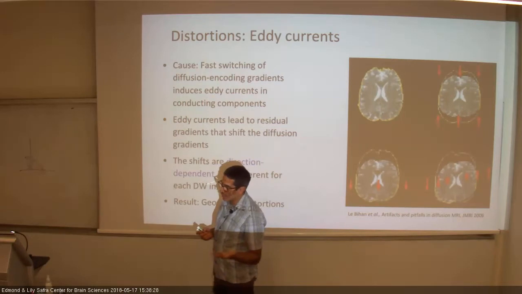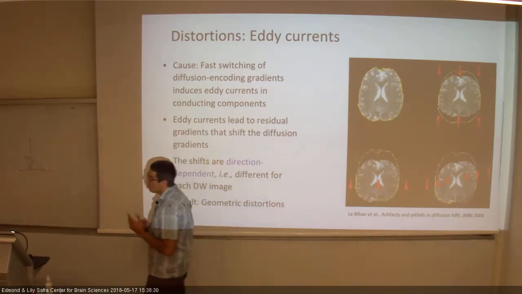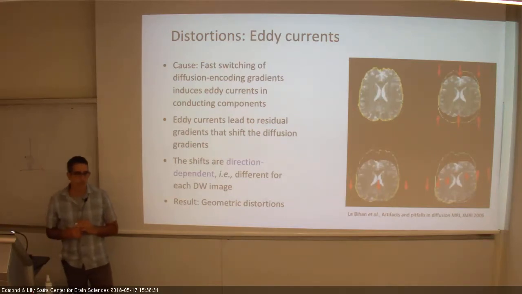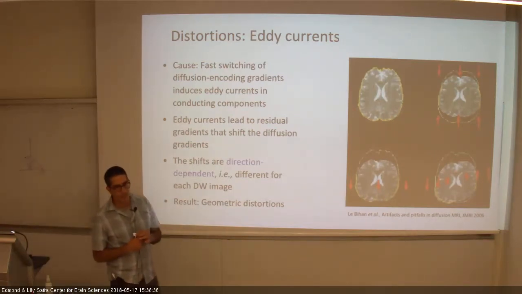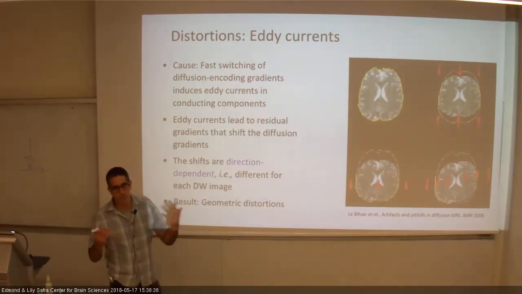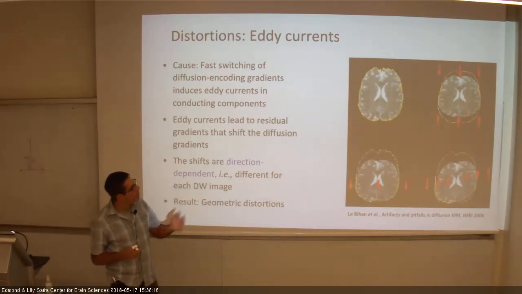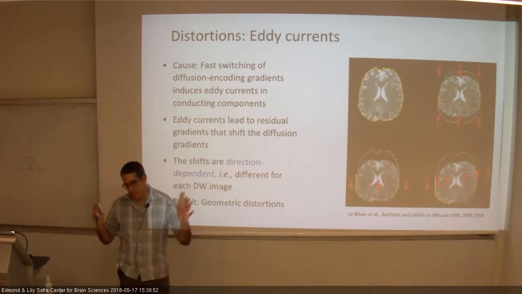That's another artifact in diffusion that people in the beginning ignored, and now realize that they have to take control of before they do this complex modeling and try to say something about orientation. Things that happen just because of the measurement change our understanding if we correct for them. Okay.